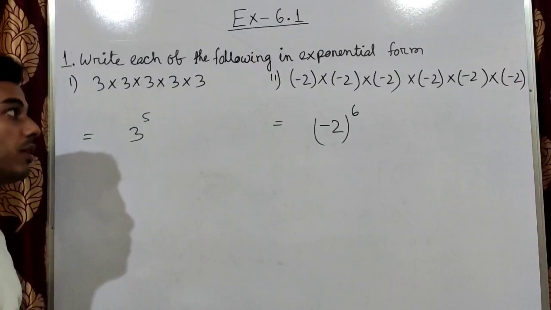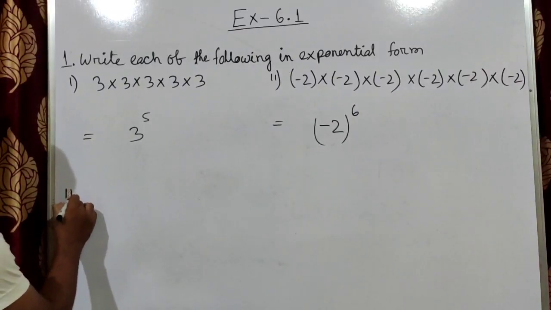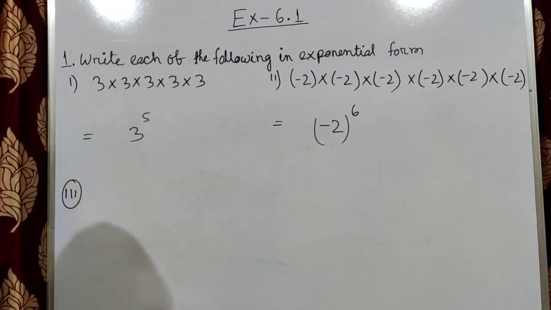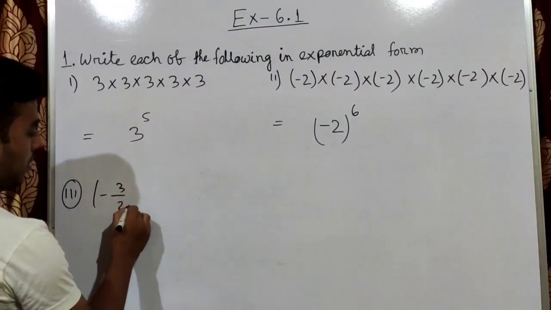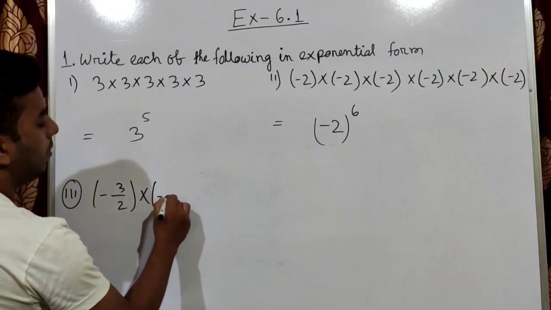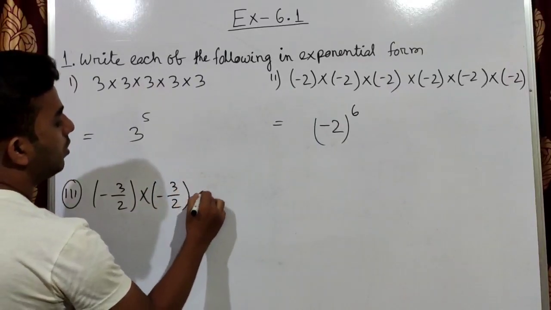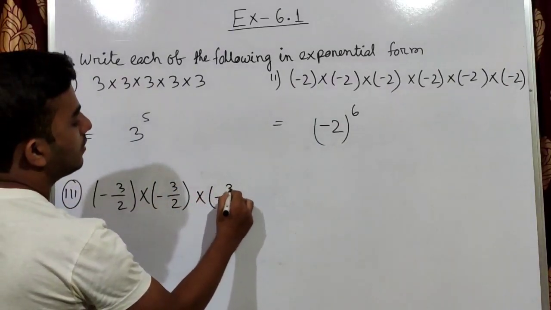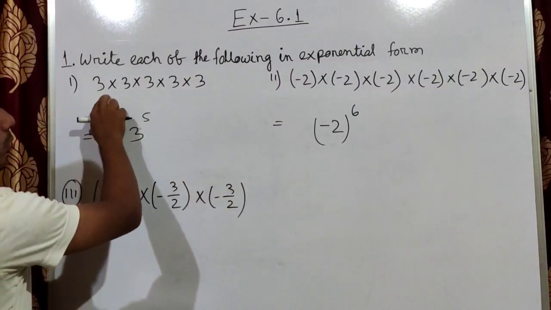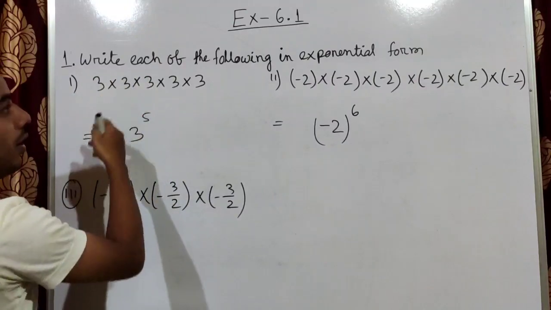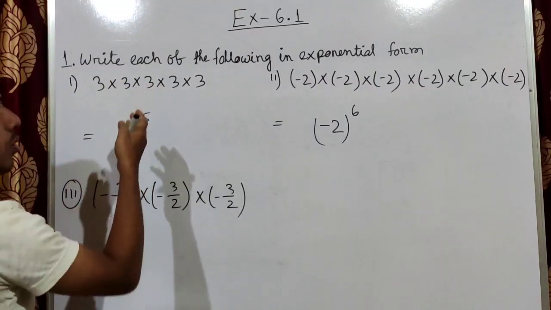So now let us move to our third one. The third question is minus 3 by 2 into minus 3 by 2 into minus 3 by 2. Clear? Here, in our previous one we had only one number, so these numbers were not in fraction.